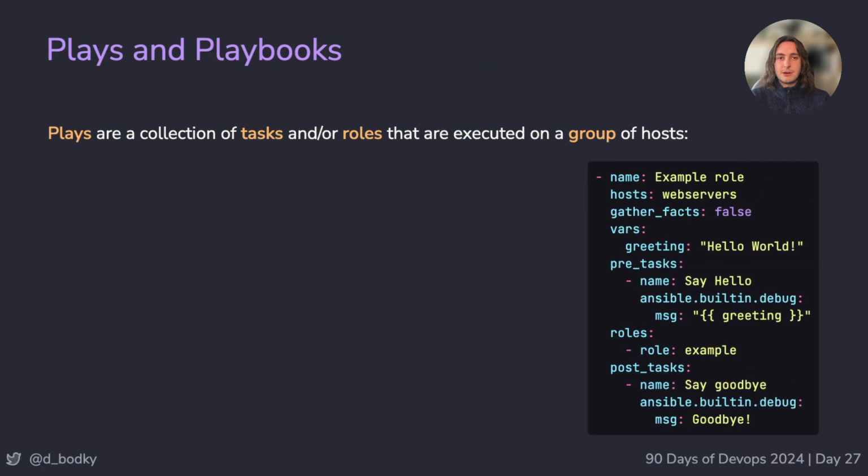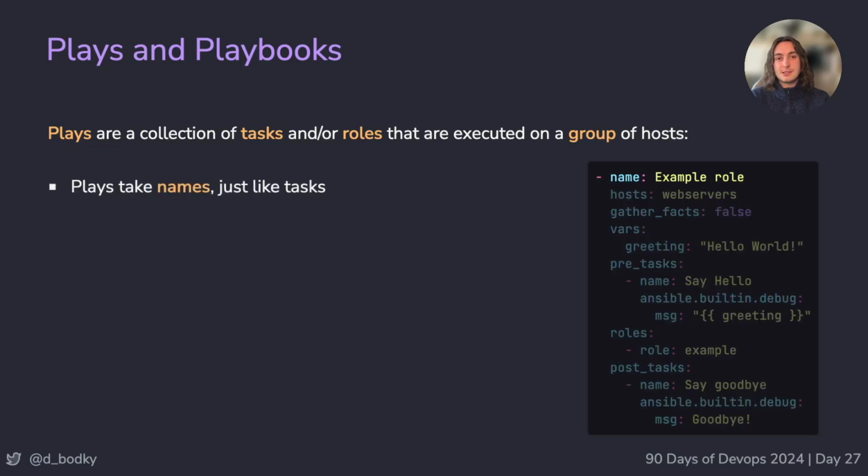Now, we already mentioned plays and playbooks and how they make up roles and go on to collections, but what do they look like? So a play is a collection of tasks, as already mentioned, and just like tasks, plays take names once more to more or less just inform the operator and make it easier to log things.